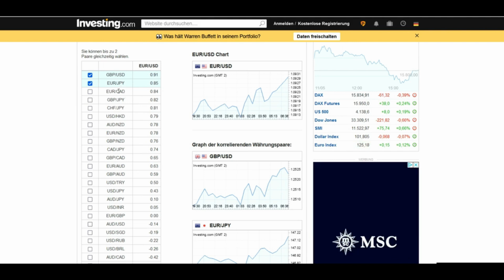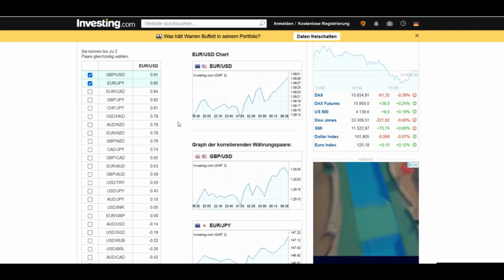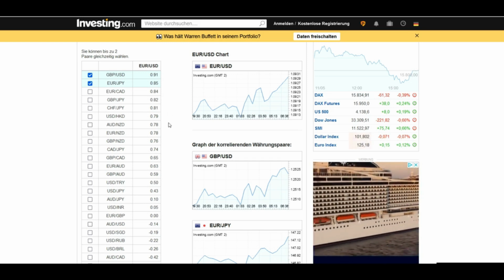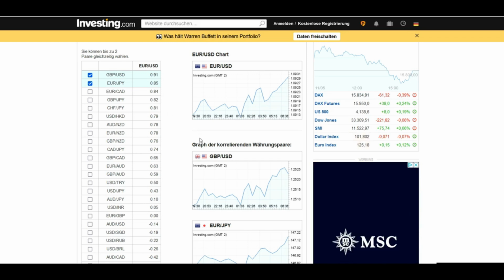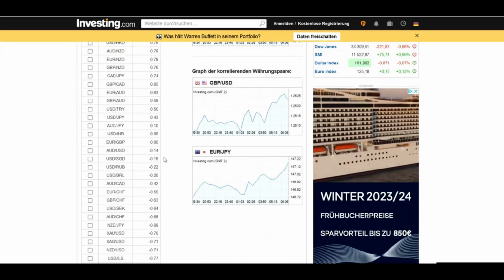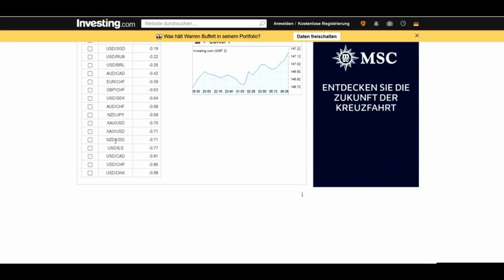Or as I mentioned earlier, the EuroCAD is also one of those pairs that tends to move positively in conjunction with the Euro-US dollar. So you can see quite clearly here, if I were to go long on EUR USD, I could very well short NZD USD, perhaps.